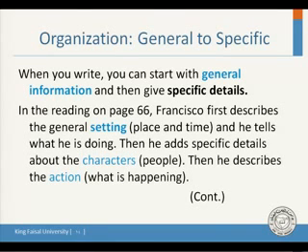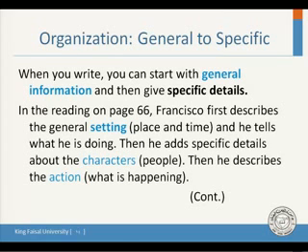So, when you write, you can start with general information and then give specific information. For example, in the reading on page 66, which we studied in the last lecture, Francisco first describes the general setting. He describes the place and time.